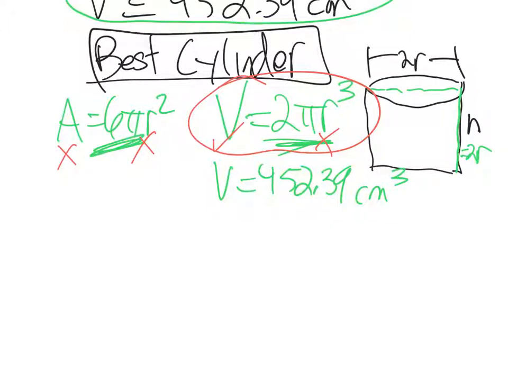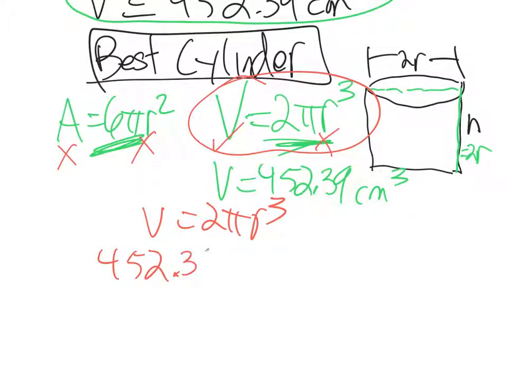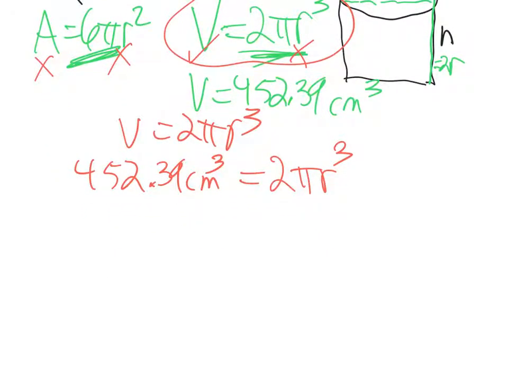So I know that the volume, V equals 2 pi r cubed, but the volume is 452.39 centimeters cubed. And that's going to be equal to 2 pi r cubed. So we're back to solving an equation with inverse operations.